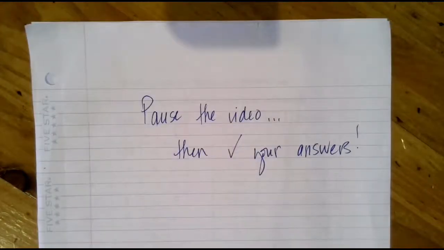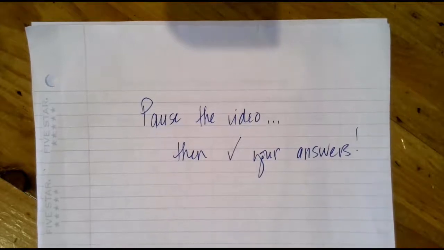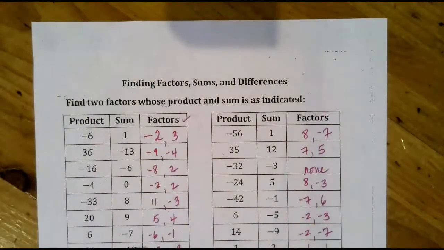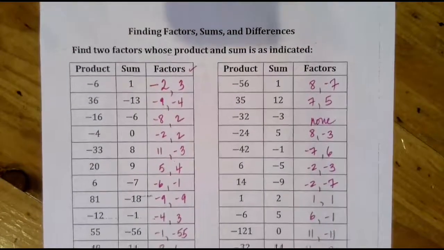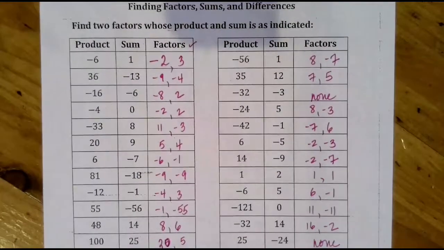All right, how did you do? Make sure that you do your work first and then you check your answers. So I had 2 that I thought were kind of tricky.